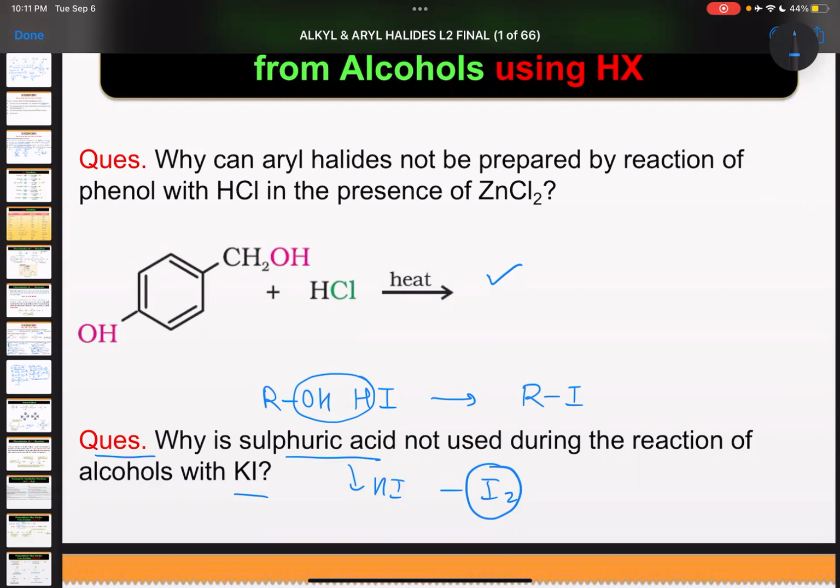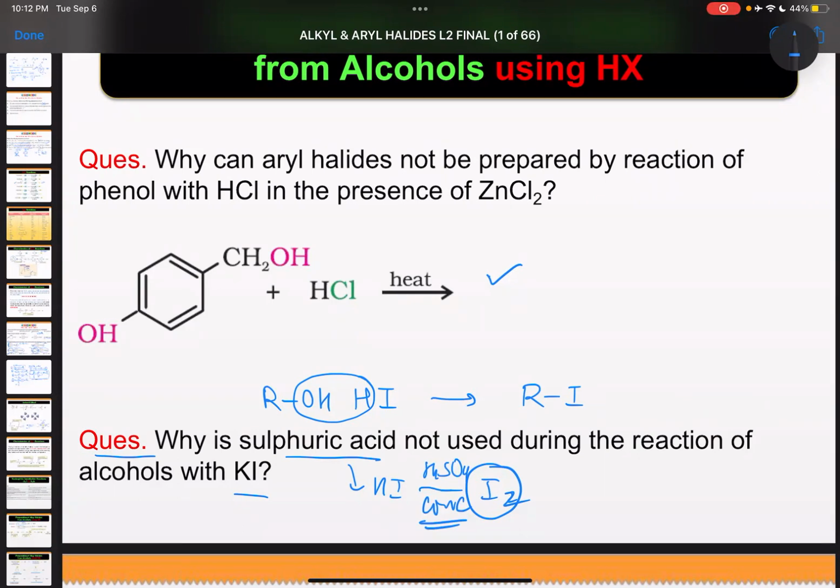Sir, can you say what is the reason again? Because H2SO4 is an oxidizing acid. It oxidizes the HI to I2.